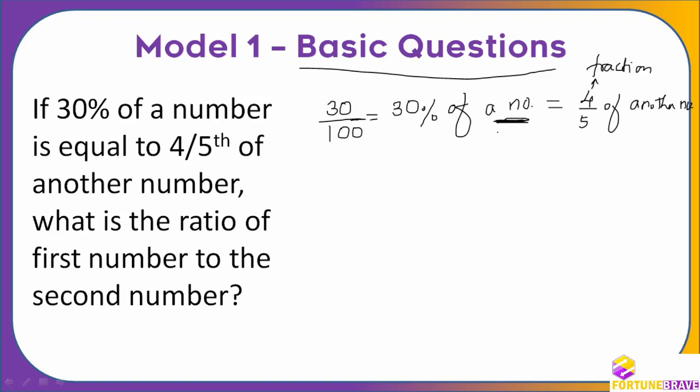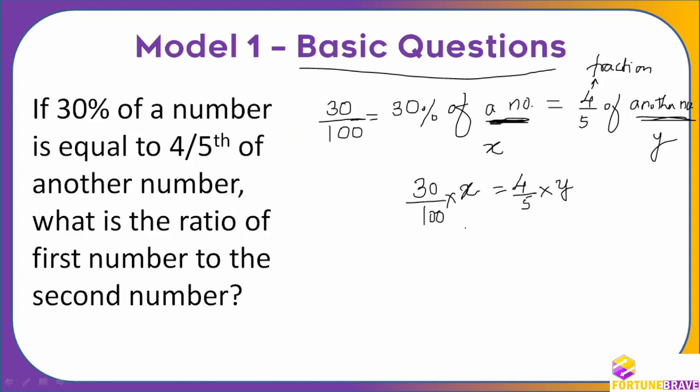So this number I'll take as x, and this other number I'll take as y. So the first number I'm going to take as x. So 30% of x, 30 by 100 into x, is equal to 4 by 5 of, which is always multiplication, into y.